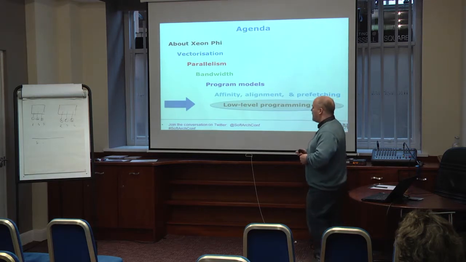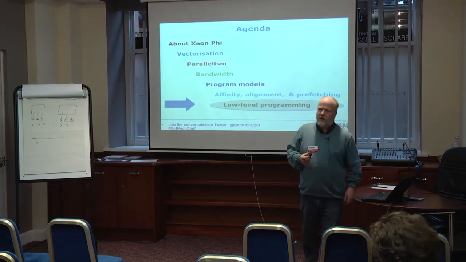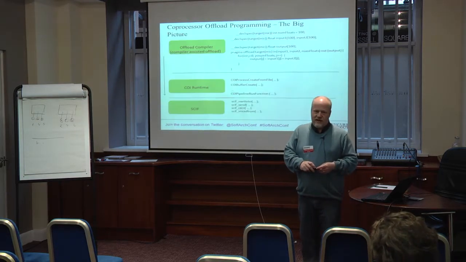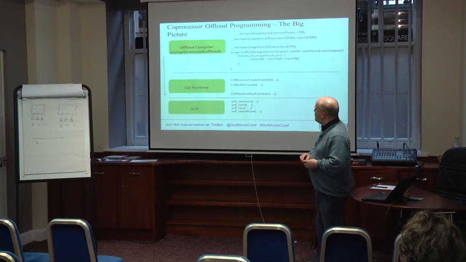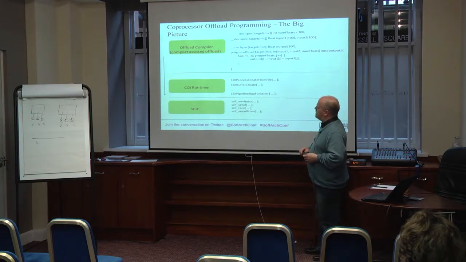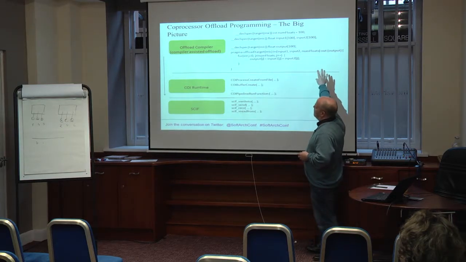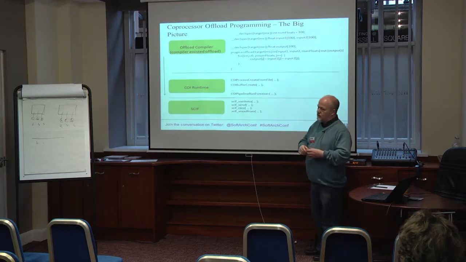Okay, right. And then finally, I'm going to point to this next section. I don't expect to have any real discussion about this. Just to say that the way the runtime works for offloading code is that there's a high-level offloading. For instance, we've got an example here of using a declspec for offloading. You've got a piece of code, and some of the code that would run on your main machine is going to be offloaded onto the Xeon Phi.